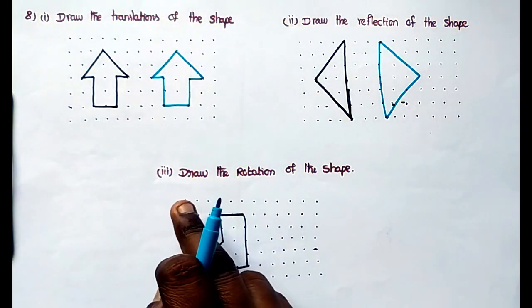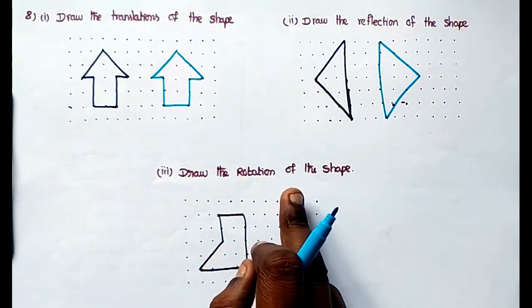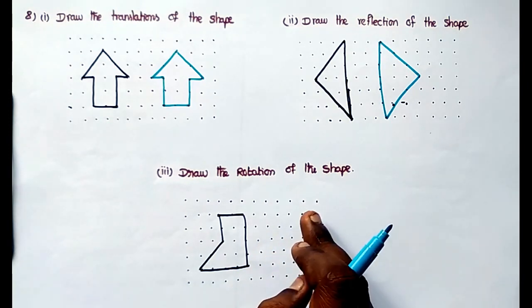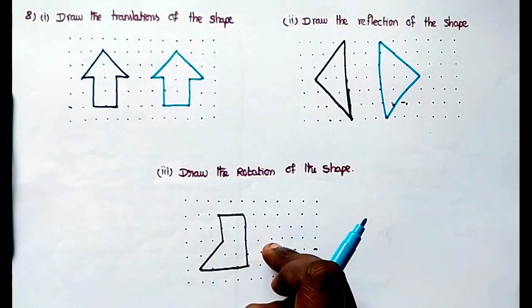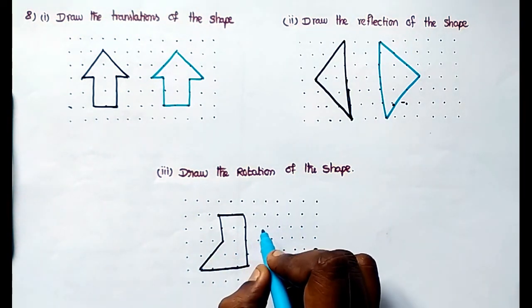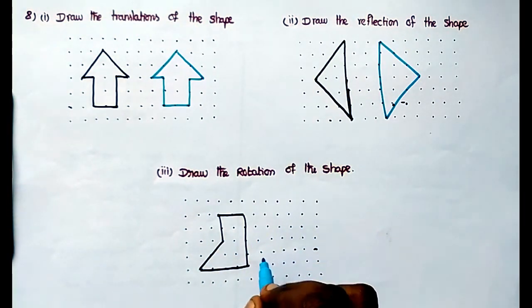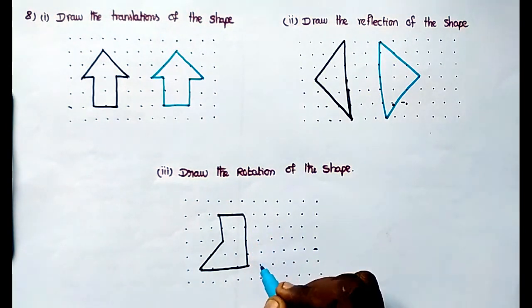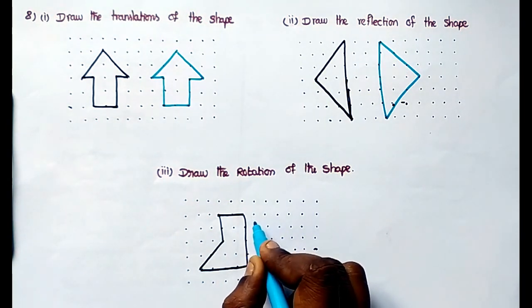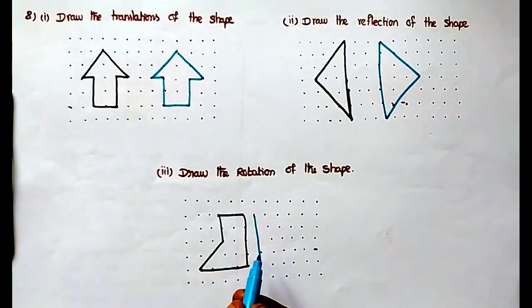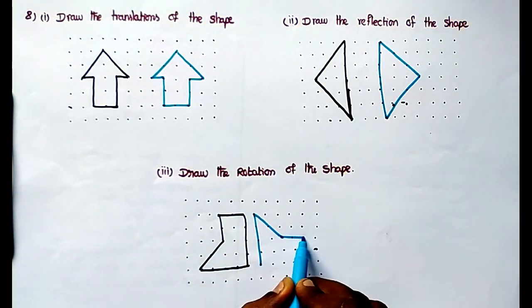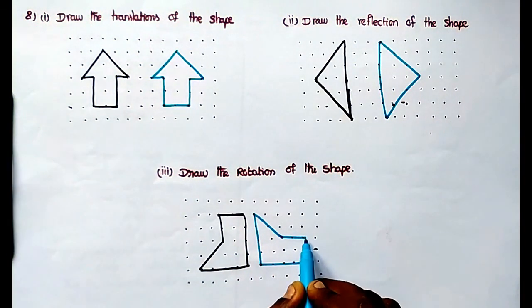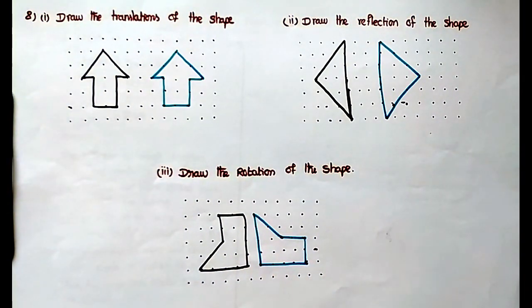And next one, draw the rotation of the shape. Listen, it will be rotated means what we get, so that is the answer for this one.